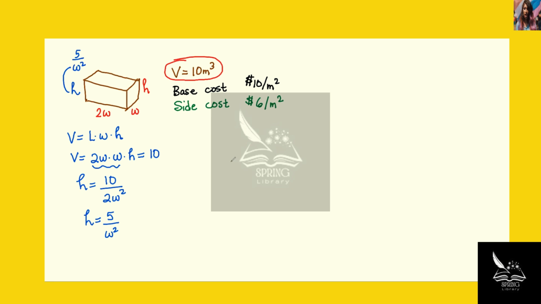Okay, so next, let's create an equation for cost, and then we can take the derivative and work towards minimizing the cost. So we're going to create a cost function that is a function of w.